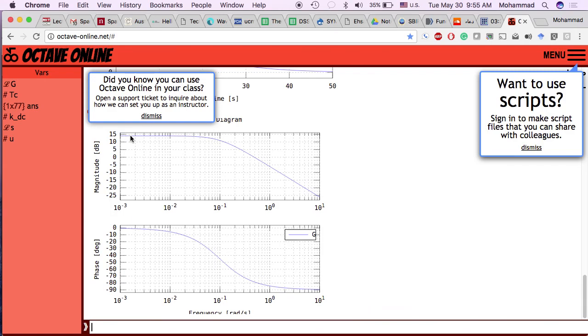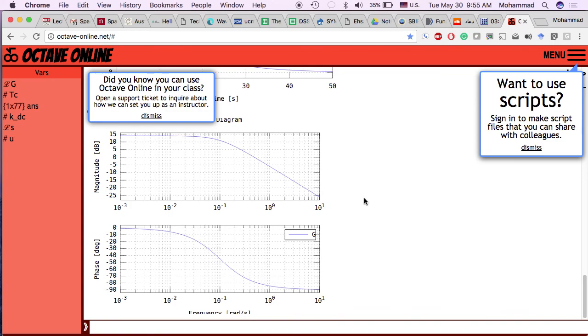This is the ratio of output over input in decibels, by the way. A decibel is 20 times log, so you need to bring that into your understanding. But this is the ratio of output over input. So it follows the input until it reaches a certain frequency. After that, it's going to diminish the response, so the magnitude of the response gets small.